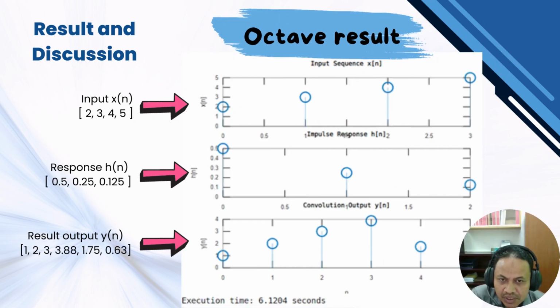This is the result from Octave. As we can see, Octave can display input, response, and output. And lastly, Octave also displays the execution time for running this problem, about 6.1 seconds.